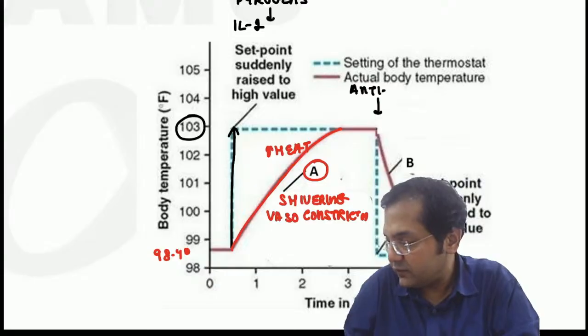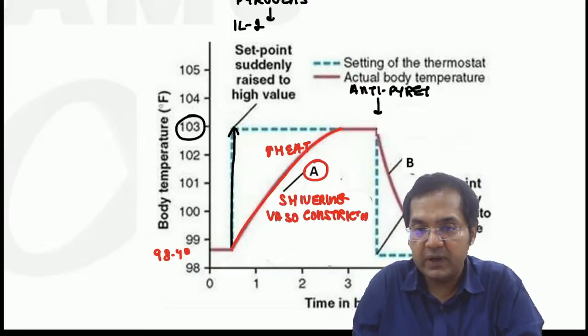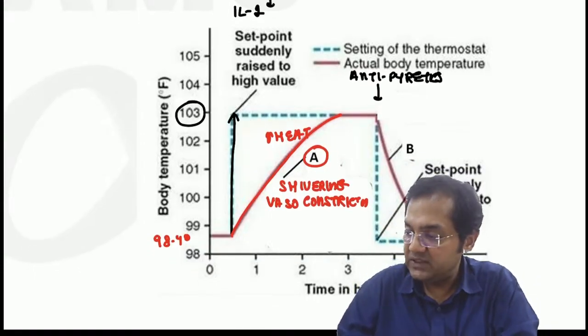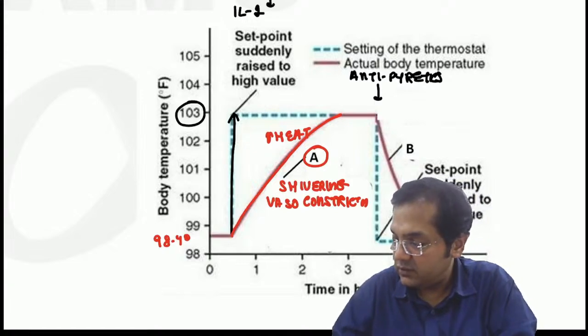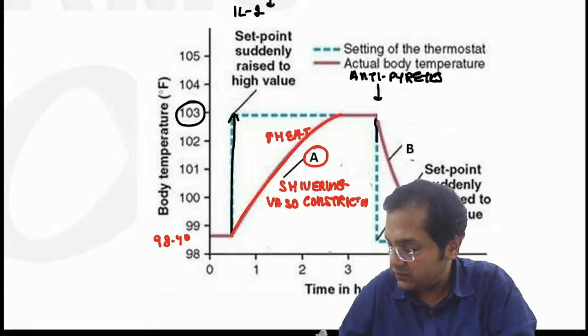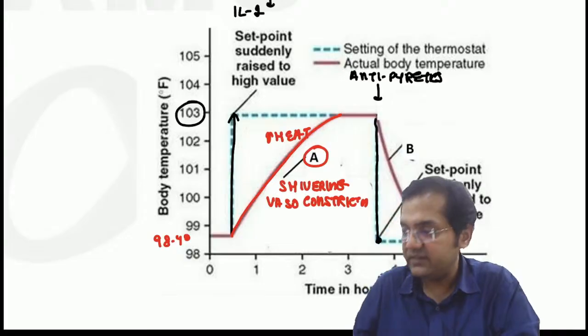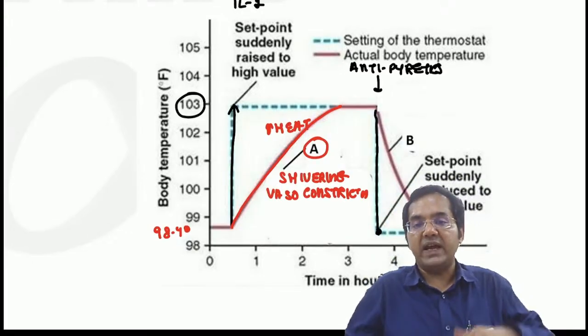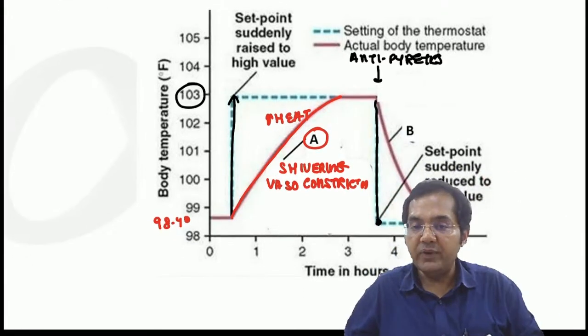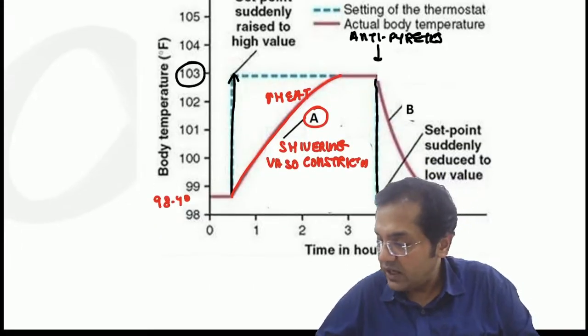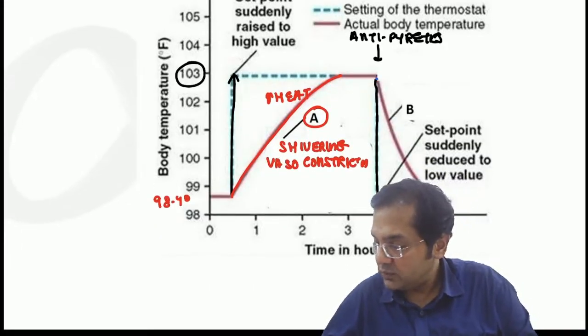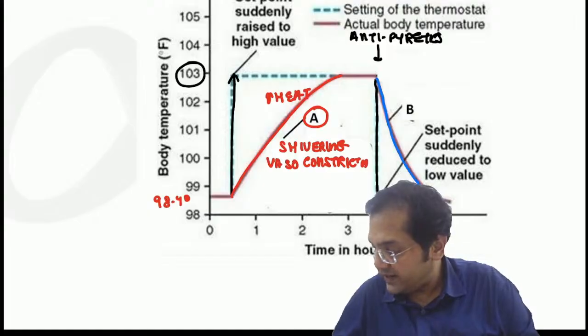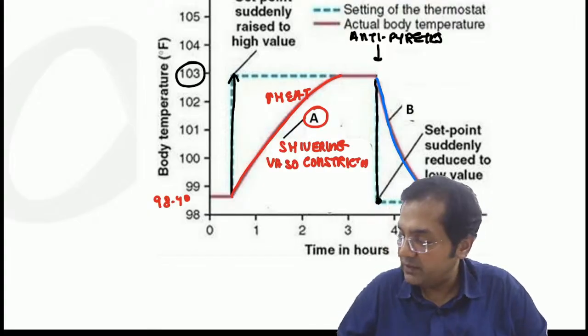Then let's imagine that you have taken antipyretics. As you take antipyretics, immediately there will be a drop in the set point. As the set point has reduced, but I am still at a higher temperature, how will I match the set point? Now I will try to reduce my temperature. How will I reduce the temperature?